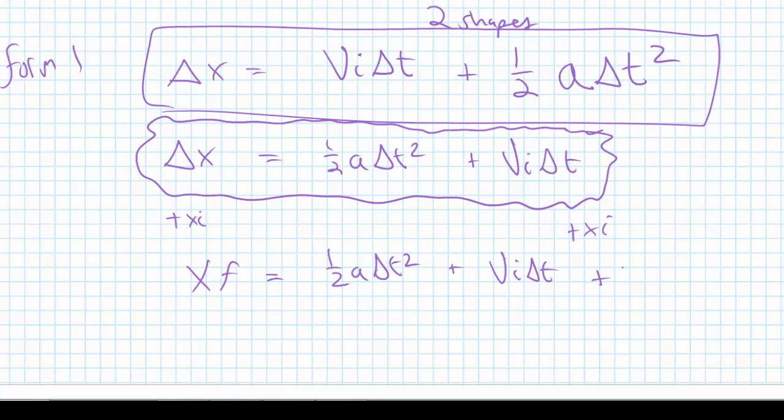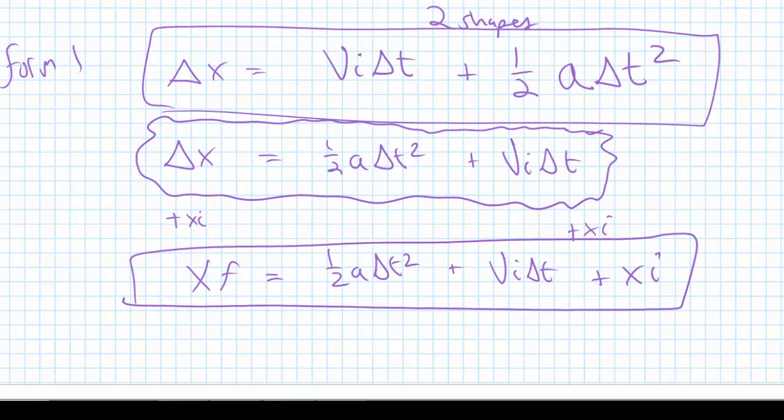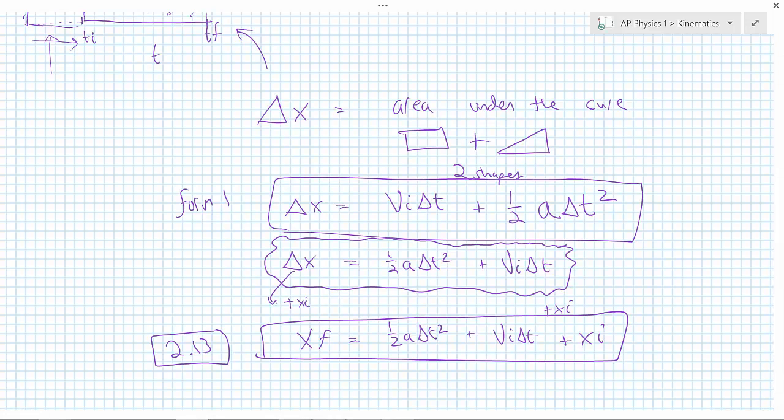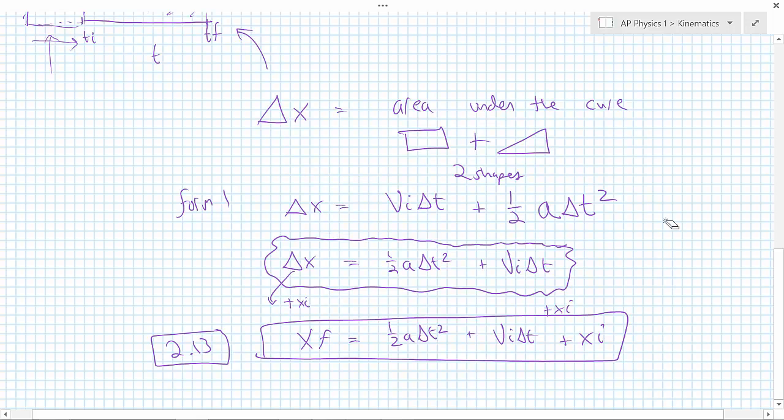Okay, plus xi. This is another form of this equation, and this is actually equation 2.13 in your book. Okay, that's where that equation came from. It's just taking the fact that displacement is just the final minus the initial. So if I add xi to both sides, I can get xf by itself. Okay, so this is going to be a big equation that we're going to use. I'm going to actually erase this box because I like using either of these forms better. I guess it really doesn't matter which order you do it in.